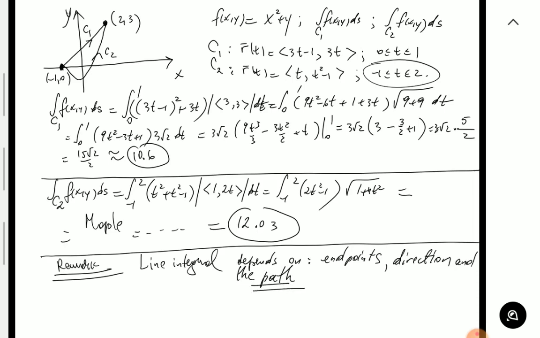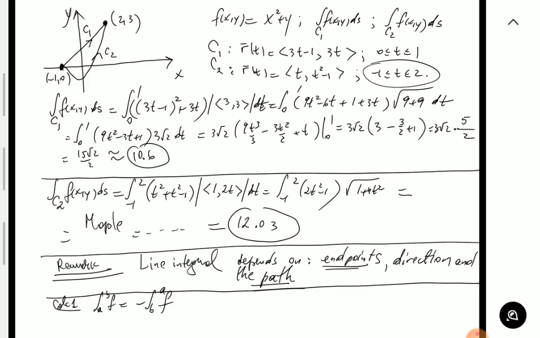Okay, which is basically unlike the regular Riemann integral from calculus 1, which depends only on the endpoints. So let's illustrate what we're talking about in a moment here. In calculus 1, you know that the integral from a to b of a function is minus the integral from b to a of the same function.